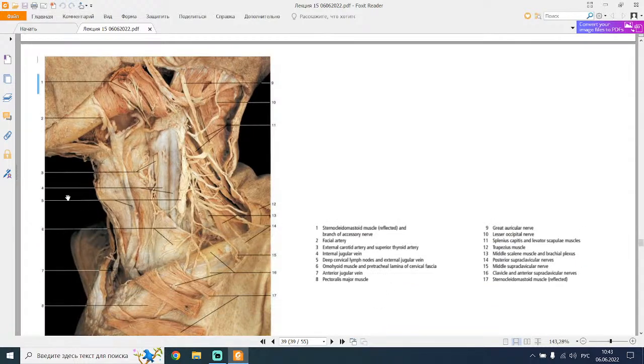Next, you see internal and external jugular vein. What do you see?